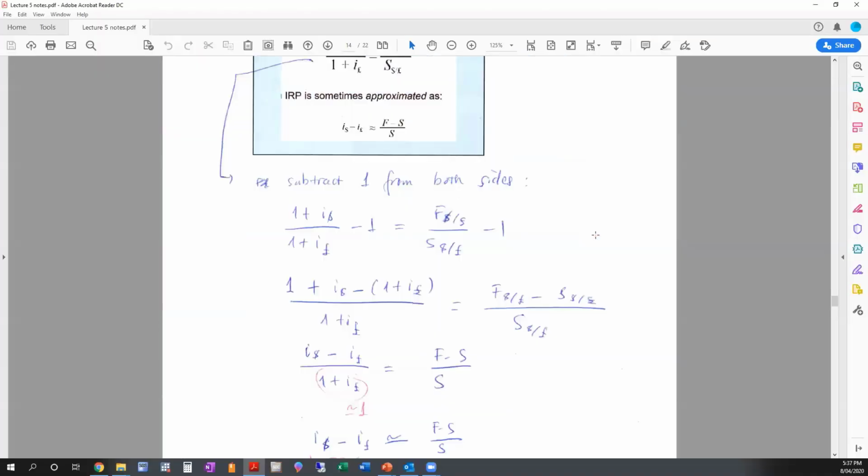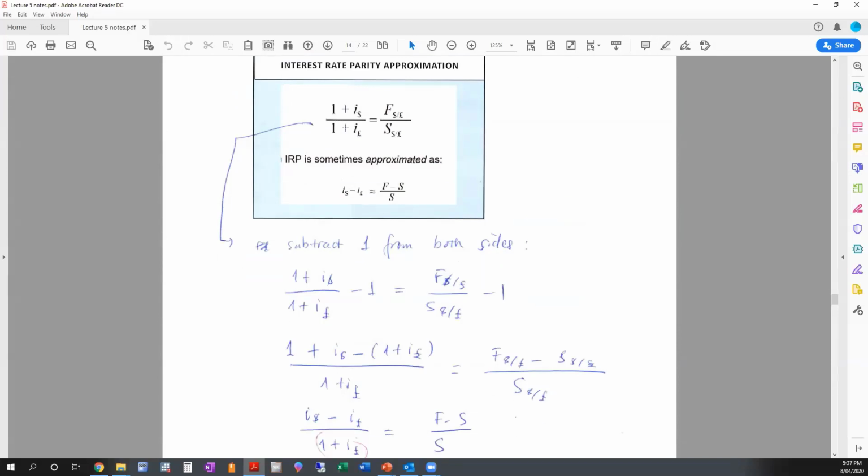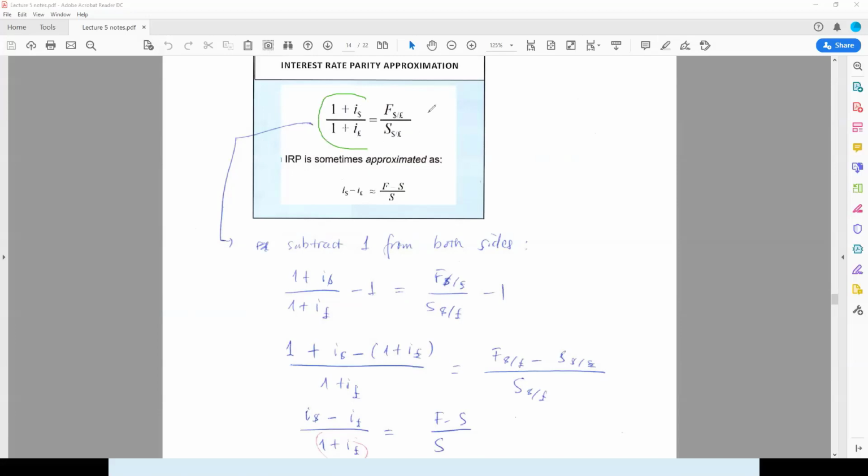Okay. So in this case, from this equation on the top, I'm going to subtract 1 from both sides to get this equation here. So once I subtract 1 from both sides, I'm going to take the common denominator here, so that on the left-hand side, it will become this, okay?